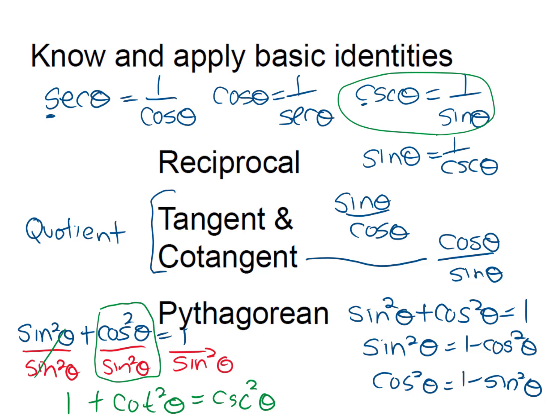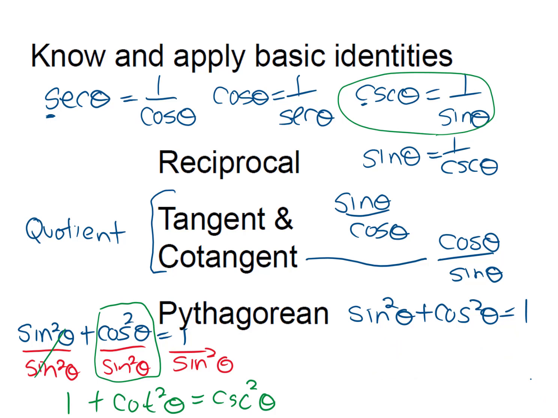So that's one of the other identities. And then the other one can be found by dividing everything by cosine. I don't have enough room on the slide, so I'm going to erase, and we're going to do it over here on the right. So I'm going to divide everything by cosine squared theta to get the last one. So divide by cosine squared, divide by cosine squared, and then simplify.